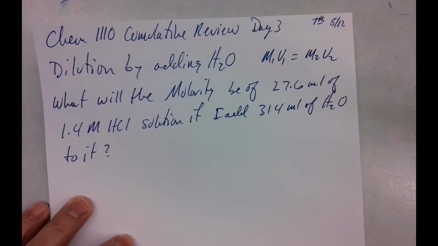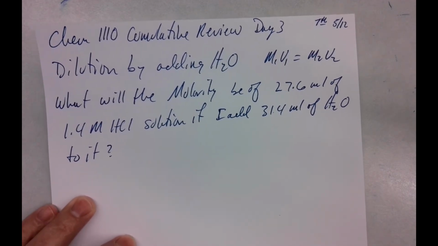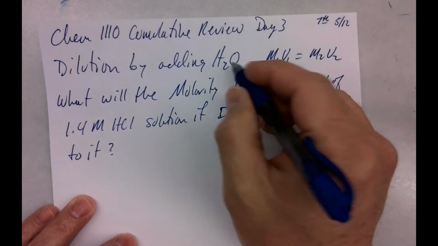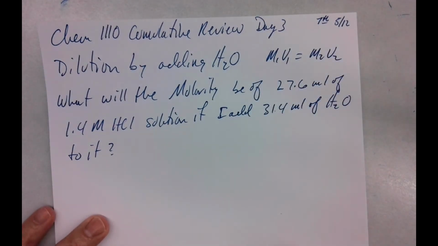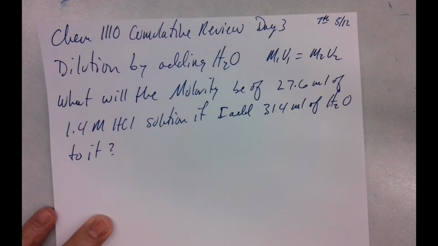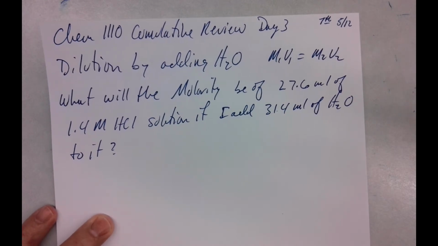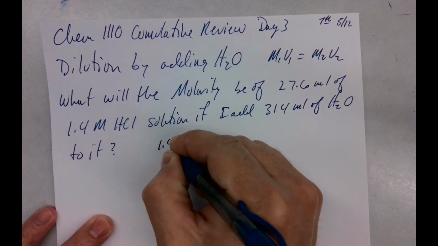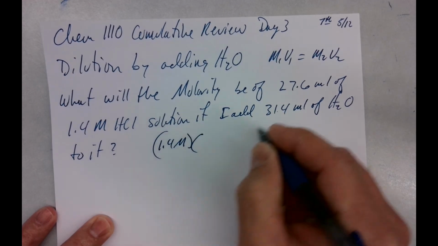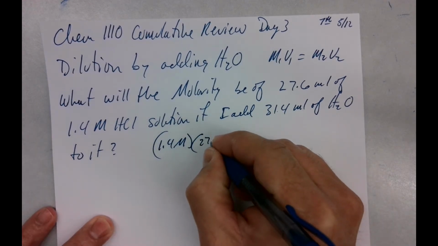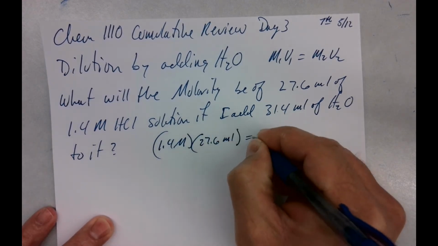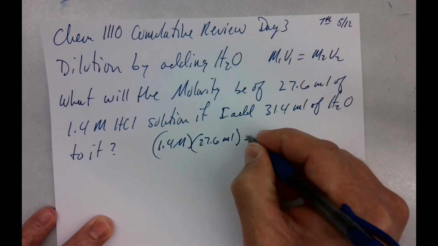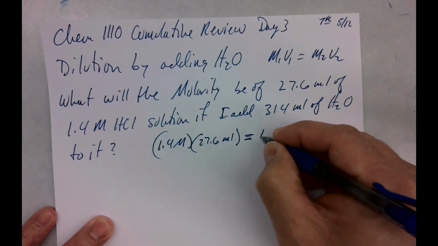So if I go back to my M1V1 equation, what is going to be M1 and V1? M1 is 1.4. So 1.4 molar times V1 is 27.6 milliliters equals, what is M2? You don't know. That's what you're finding, M2.